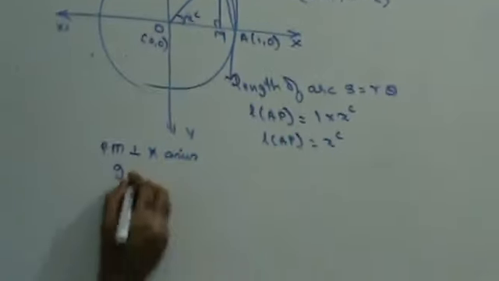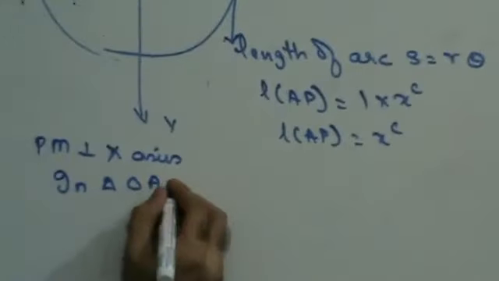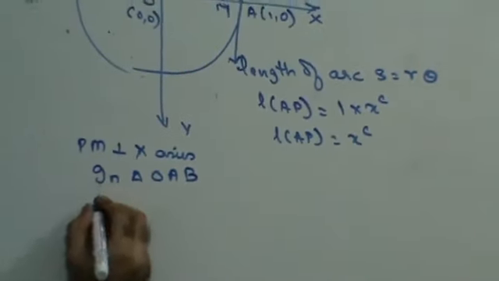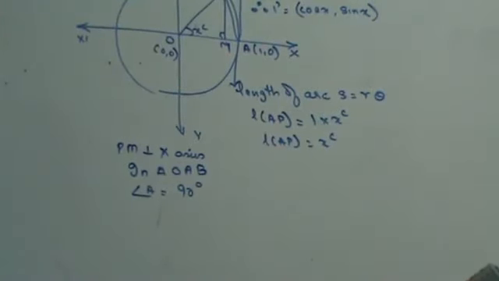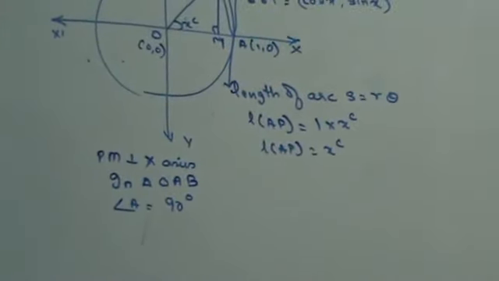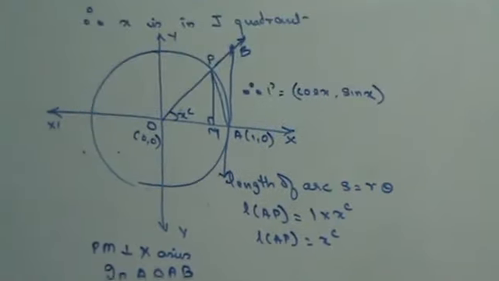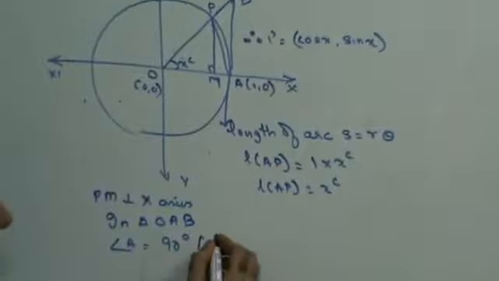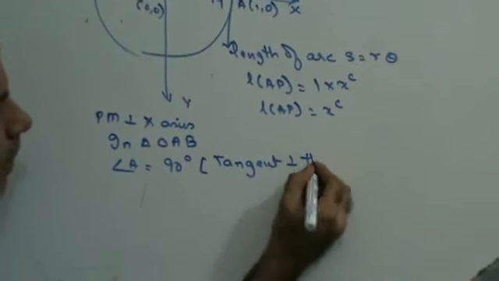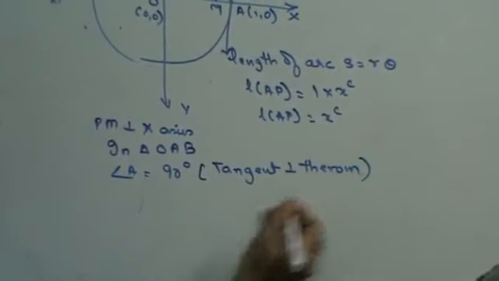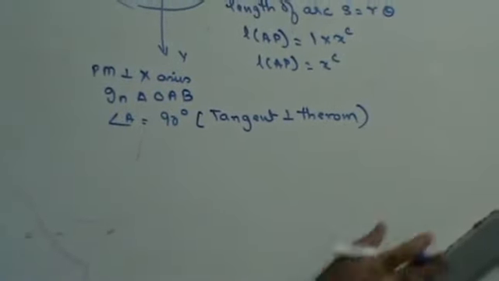Let's consider triangle OAB. I can say that angle A is 90 degrees. Tangent perpendicularity theorem: tangent is perpendicular to the radius at its outer end.